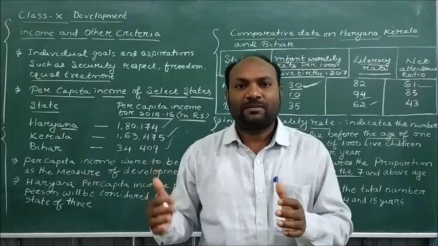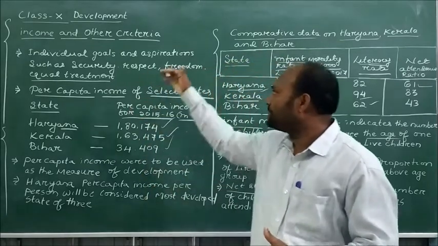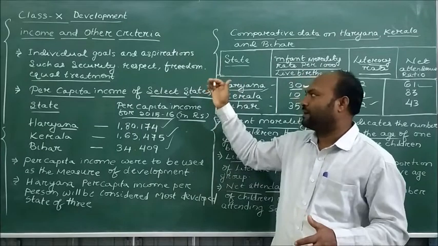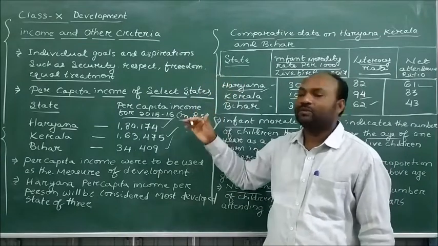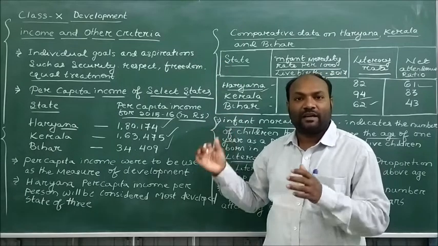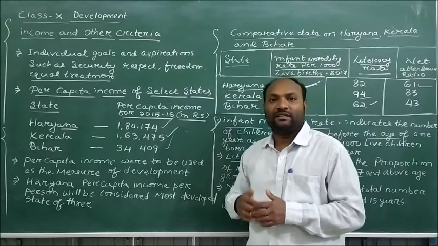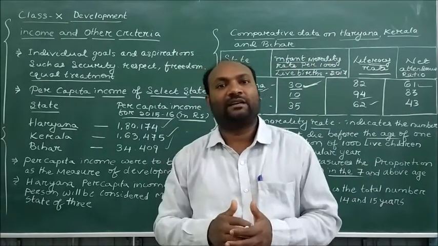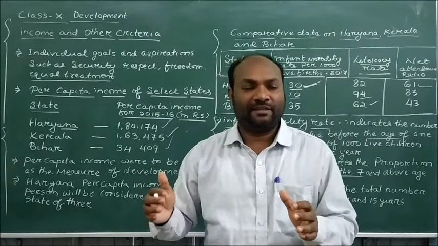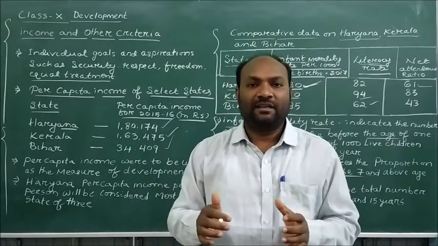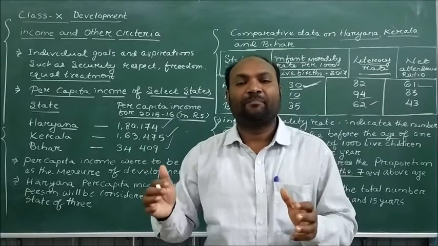So students, today we will look into income and other criteria. When we are looking into this, let us try to analyze the Indian states and understand which states of India are much better and which are developed.